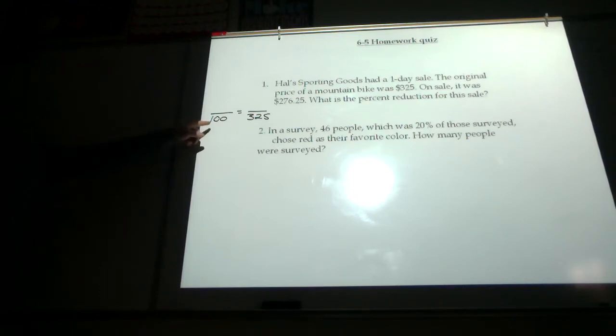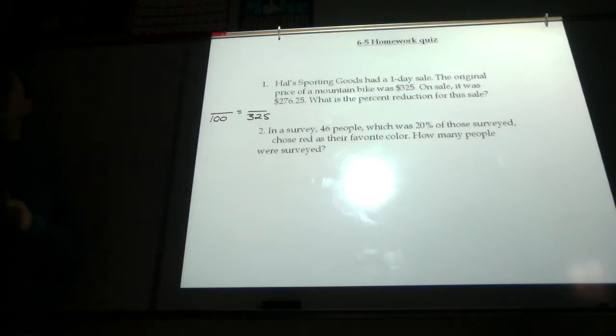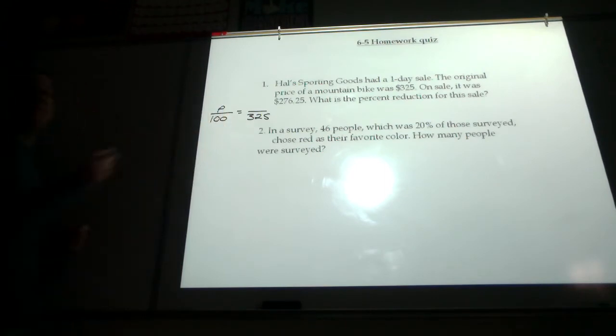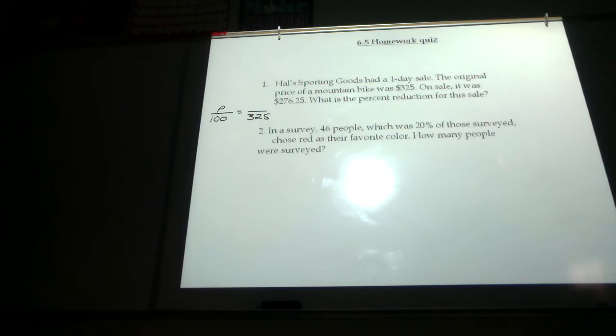Yep. Okay? Or the whole? Everybody agree that this is the whole here? Yeah. Okay? Now our job is to find this right here, the percent, the out of 100 piece. But we need to figure out what number we need to put up here. And to figure that out, we need to be very careful here.